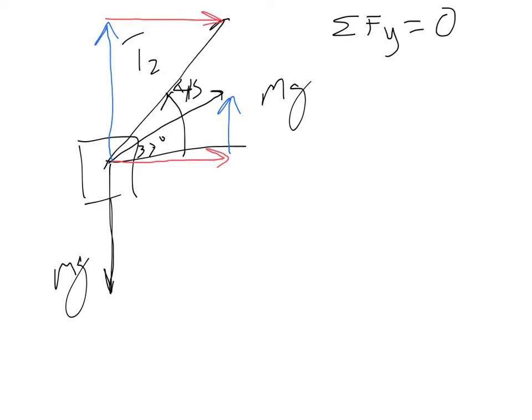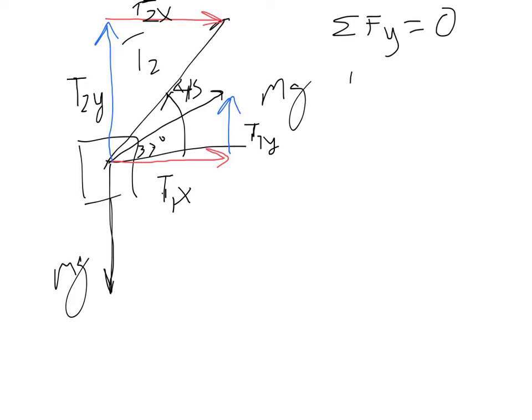So we've got T1x, T1y, T2y, and T2x. From these, we can also make some statements.